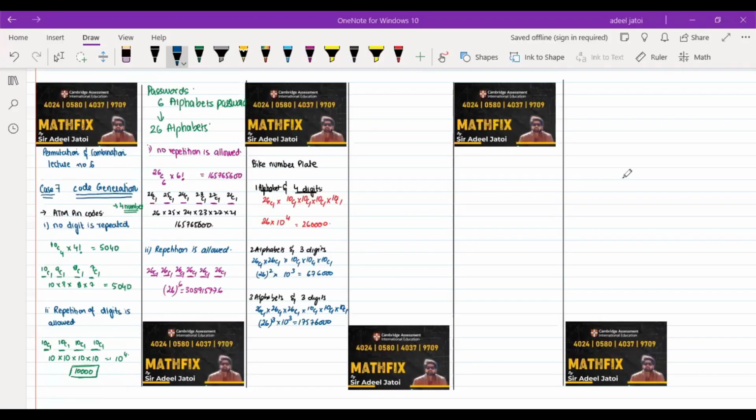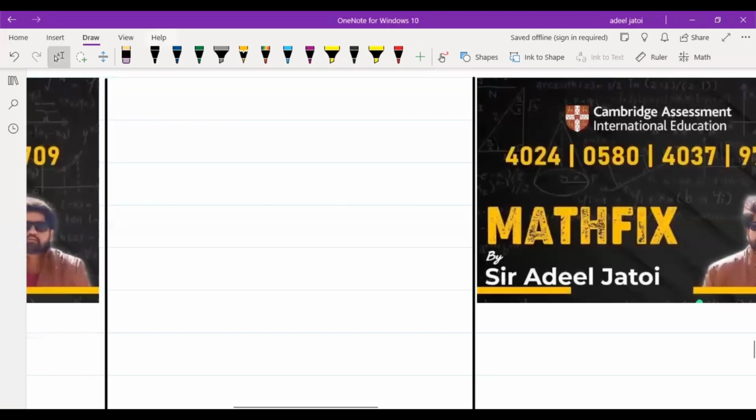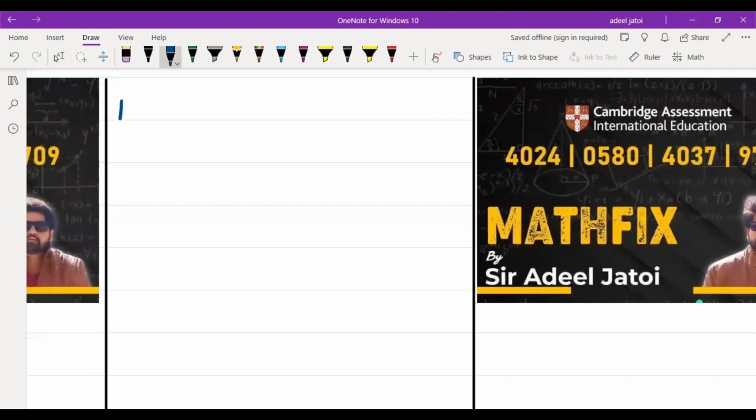Okay, moving further, let's take an example of different words that we can have. Let's say we have the word advance.